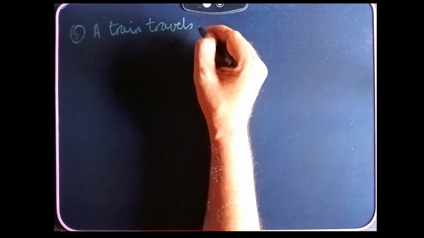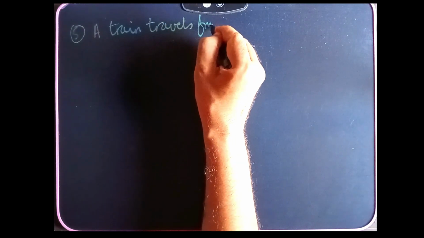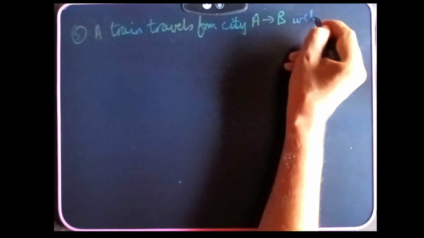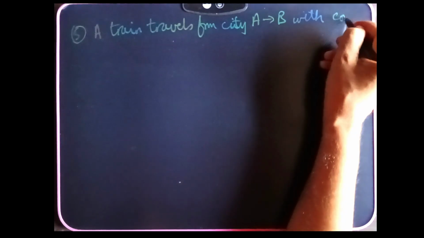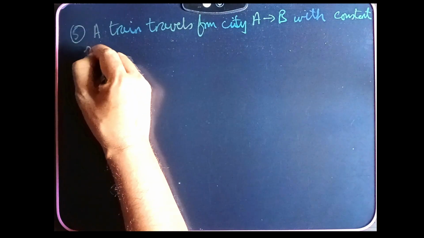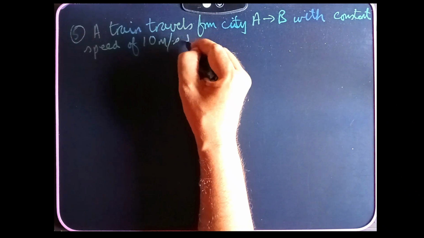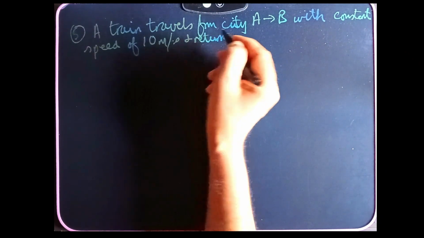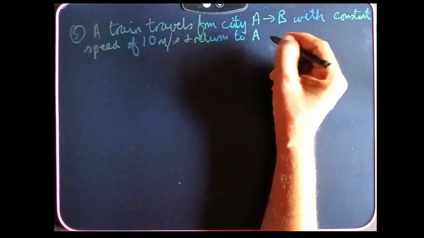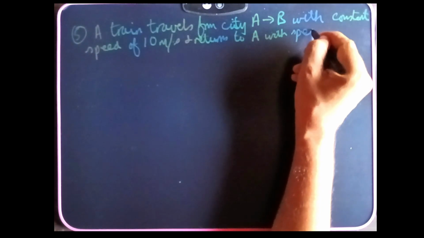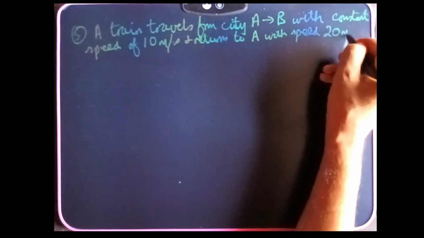Problem 5. A train travels from city A to city B with a constant speed of 10 meter per second and returns to city A with a constant speed again of 20 meter per second.